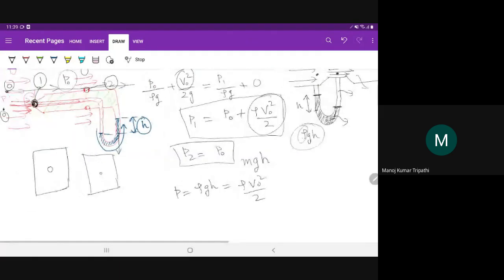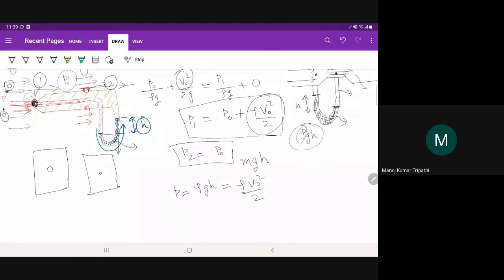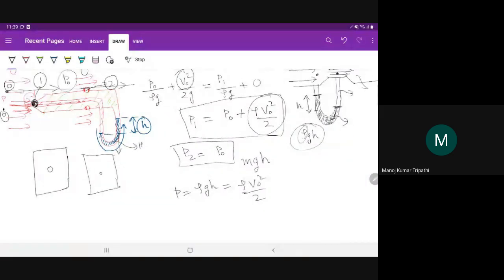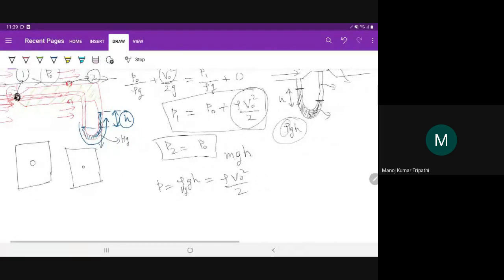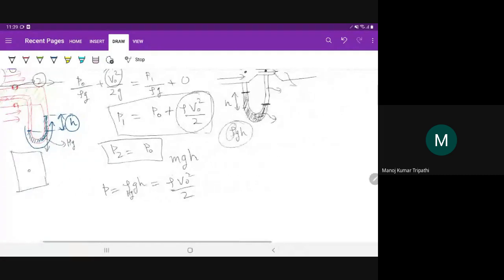And here also, although I have written the same notation, this rho is the rho of the fluid that is filled here in the tube. So if we use mercury, then this is rho Hg. So these two will not cancel out, rho Hg and rho.